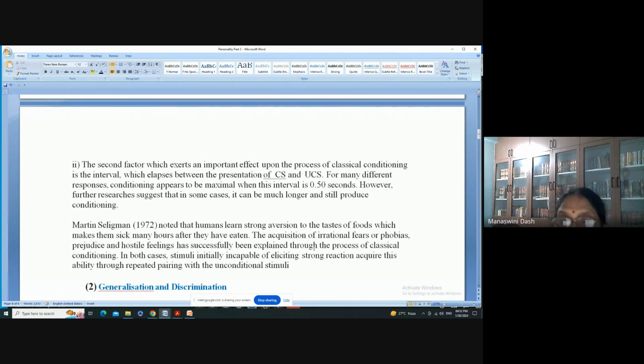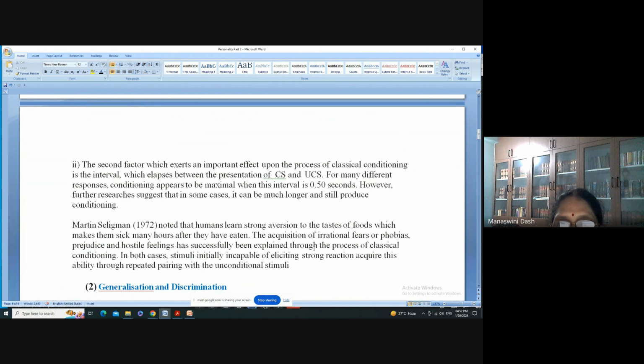Okay, the establishment or the association between the CS and UCS may not be conditioned. The conditioning may not be established, and the animal may not give any CR, conditioned response.